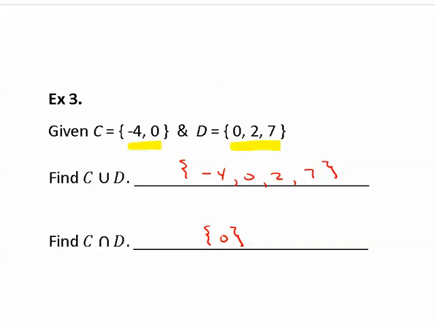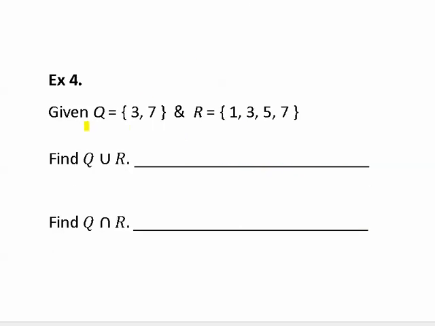One more example, example number 4. We're looking at sets Q and R. Q contains 2 elements, R contains 4. If you notice here, both elements that are in Q also reside in R. So what we would say here is that Q is a subset of R. So the union then would be 1, 3, 5, and 7.